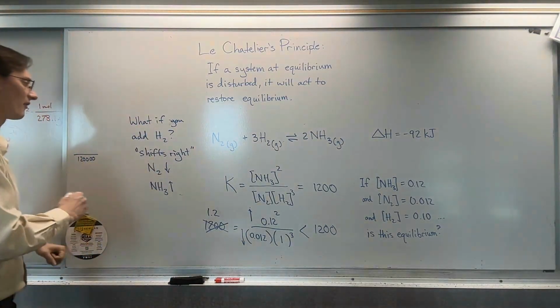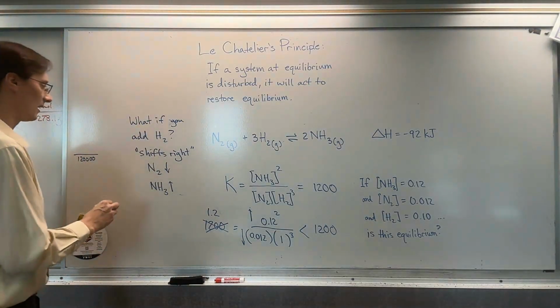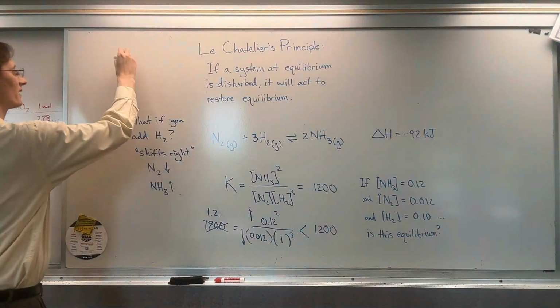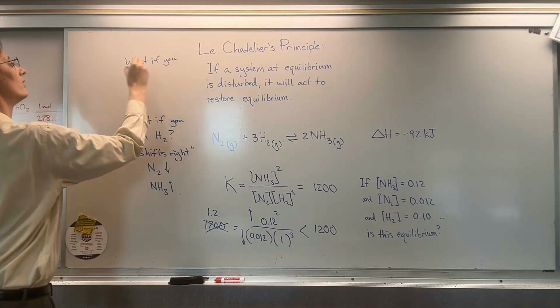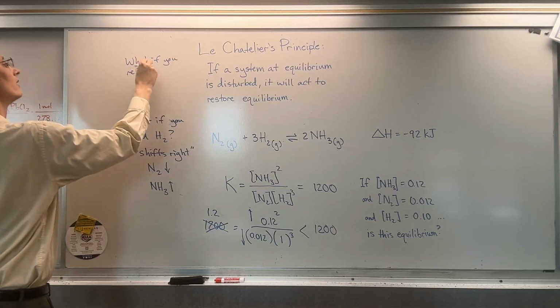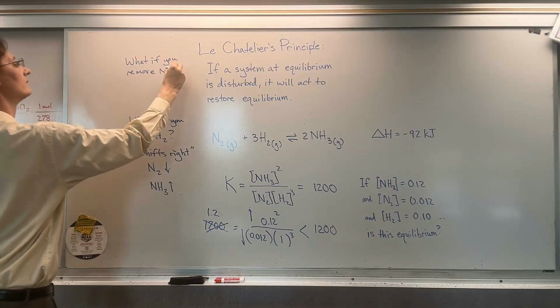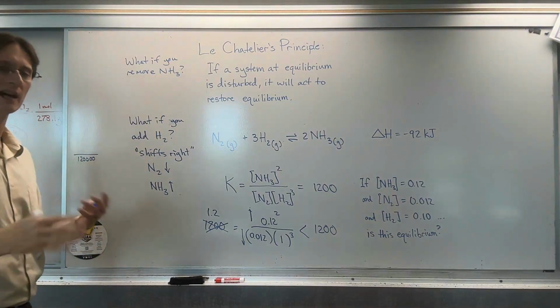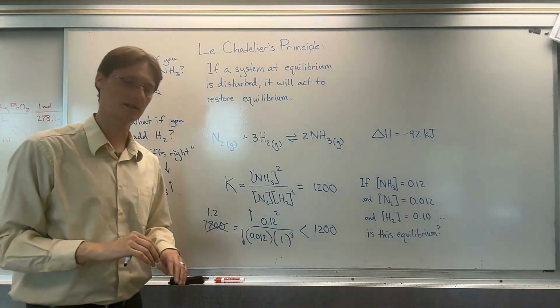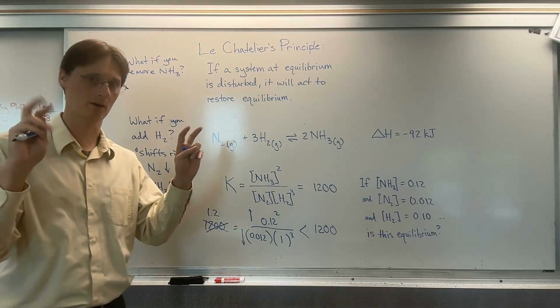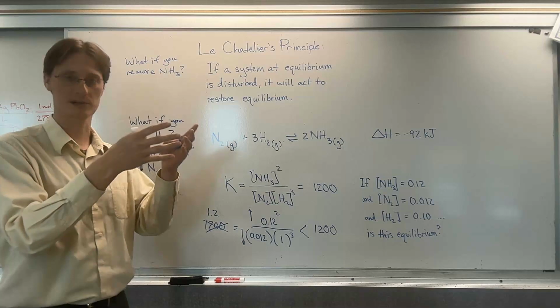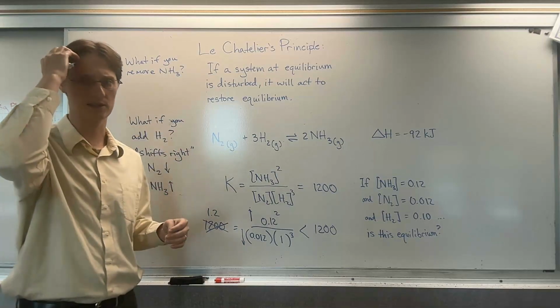What are some other changes that we might make here? If they say something like, what if you remove ammonia? Now, you might be wondering, how would you remove the ammonia? That's a question that we're not going to worry about, but there are things called chemical scrubbers, which are going to react with it and remove it from the system.